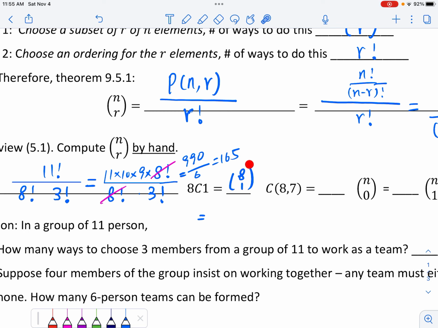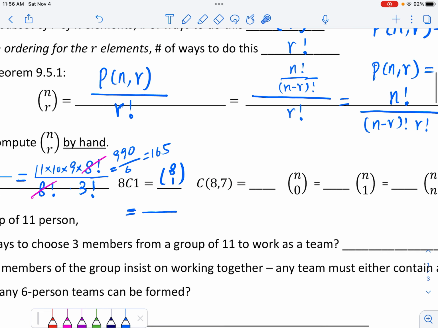How many possible subsets of size 1 can you find from a set of 8 elements? There will be just 8 ways. So using that thinking, you can conclude that it's going to be 8, but let's verify this using this formula here.